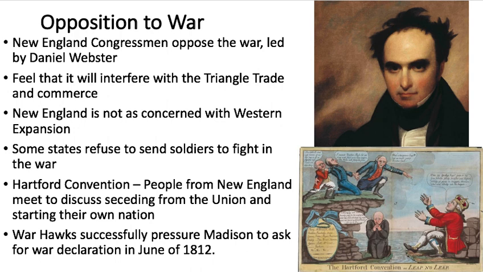So this is kind of like the new kids coming to the block with the War of 1812. Daniel Webster opposes the war like many people from New England. They feel that it'll interfere with triangle trade, with commerce. They depend on trade with England, with the ships out of the New England ports that run triangle trade, selling off raw materials from the New World.